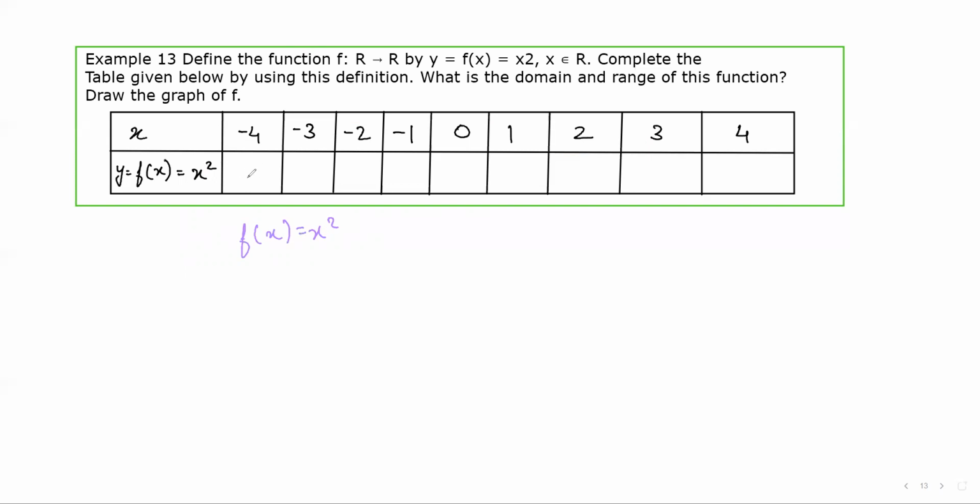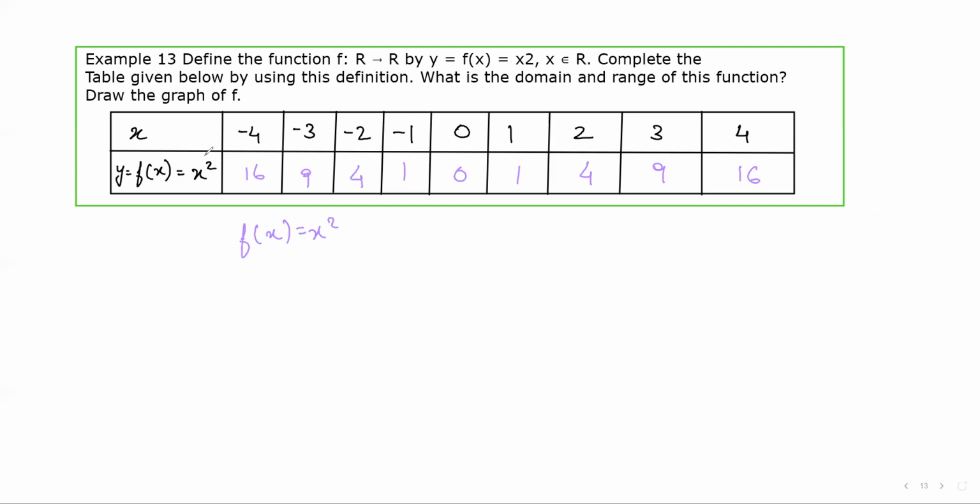So minus 1 squared, 1, minus 3 squared, 9, minus 2 squared, 4, 1 squared, 1, 0 squared, 0, 1 squared, 1, 2 squared, 4, 3 squared, 9, 4 squared, 16. Draw the graph of f. And what is the domain and range of the function?